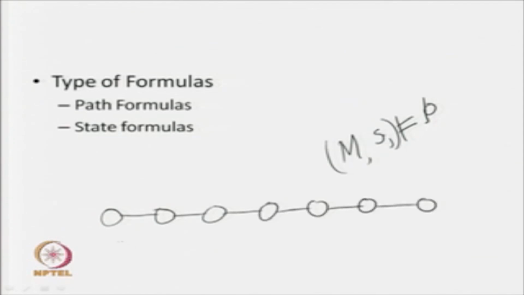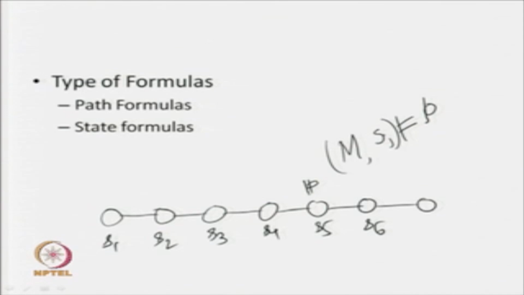Now, we have two notions: one is called path formula and the second is called state formula. Just see what we discussed in the last class. We have a sequence of states marked S1, S2, S3, S4, S5, S6, and say that in S5 the atomic proposition P is true.